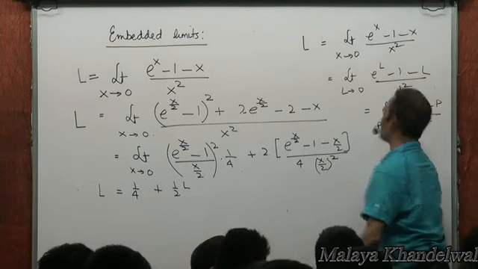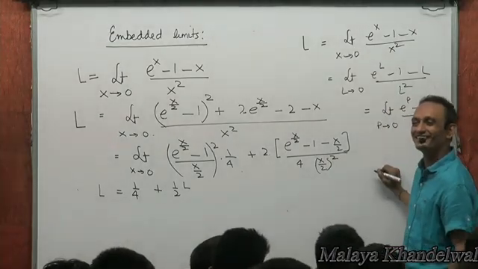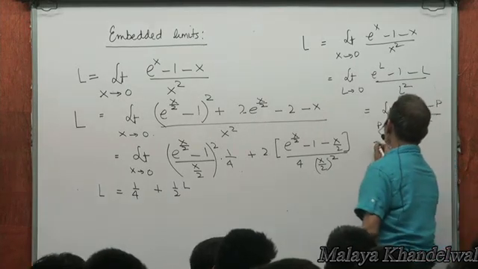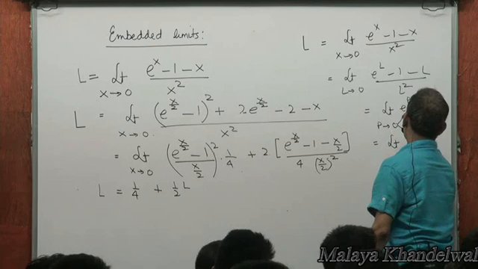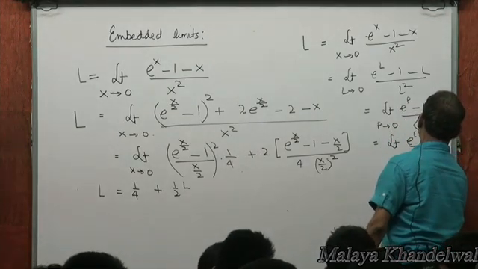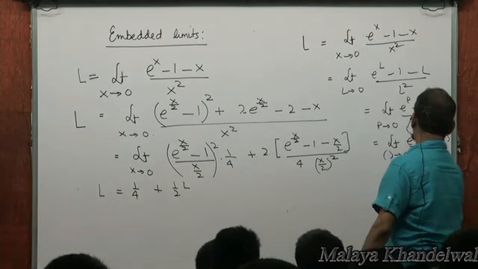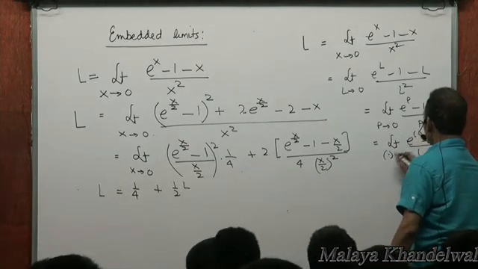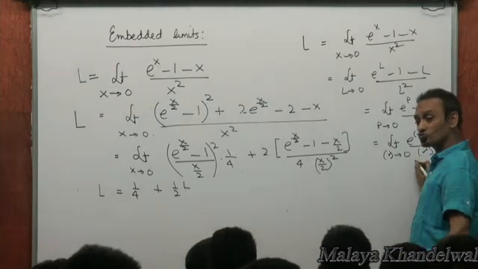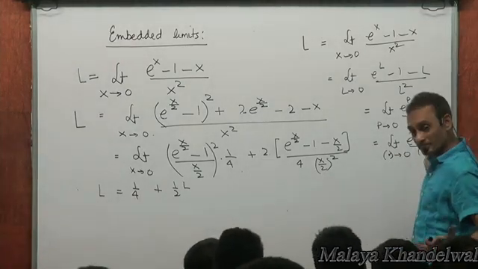Patna is anyway 0. Which is the same as limit e power something minus 1 minus something by something squared, as that something tends to 0, no matter what this something is. As long as this something is the same as this something, then as that something tends to 0 will always be the same. Yes or no?